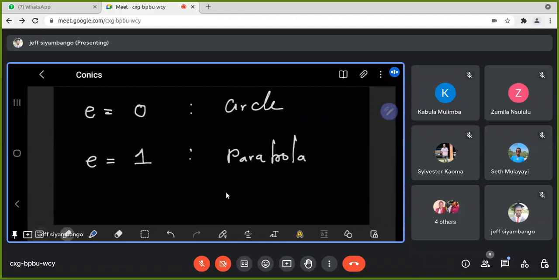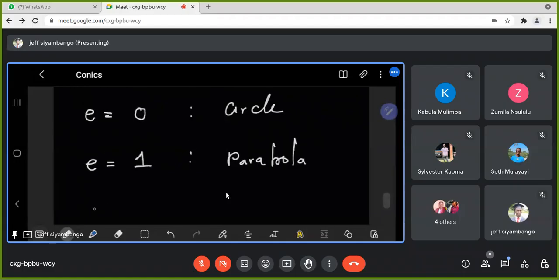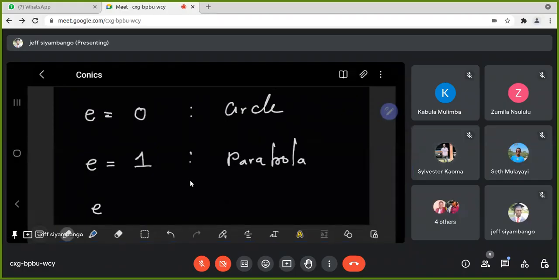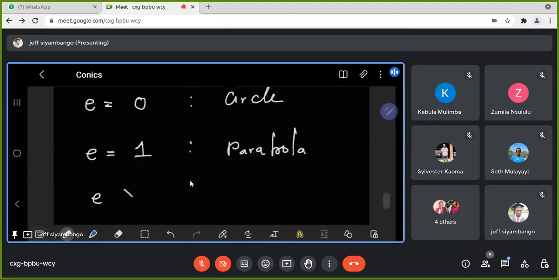Now, what else? How about if you're dealing with, let's say, a hyperbola? What do you expect e to be if you're dealing with a hyperbola? Can you guess? Greater than 1. Yeah. So basically, if this is greater than 1, then you're dealing with a hyperbola.